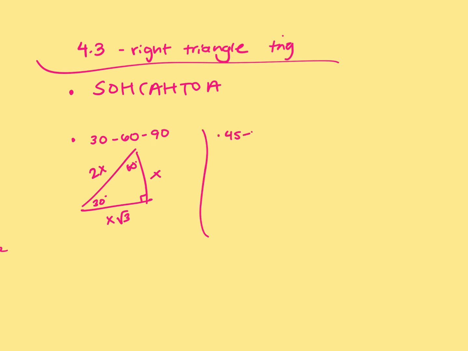And your 45, 45, 90 triangle, where it would be x, x, and x root 2. So if it's not in your unit circle, you would use those ratios. If it is in your unit circle, then x becomes 1 in these. So it would be 1, root 3, and 2, and 1, 1, and root 2.